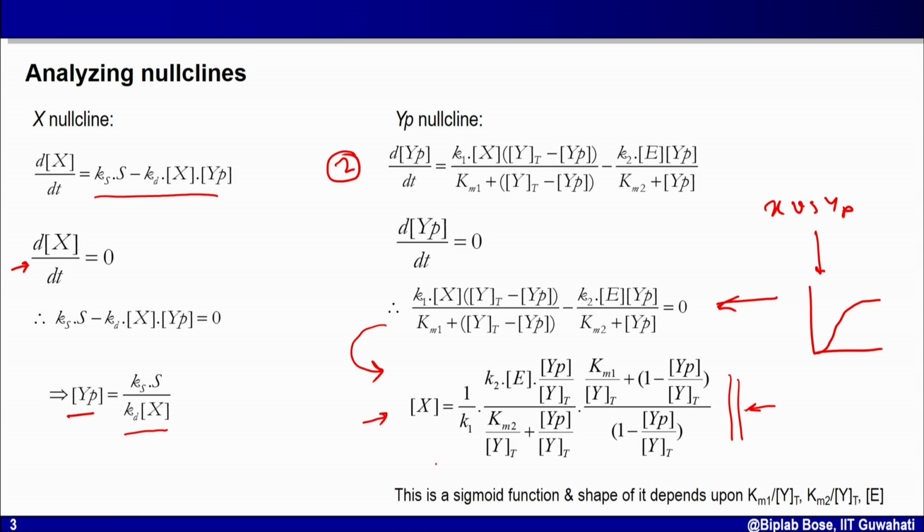So this function of yp for x is a sigmoidal function, and the shape of this sigmoid depends upon the values of km1 by yt, km2 by yt and e. If you remember, when km1 by yt and km2 by yt are much smaller than 1, then this sigmoid behavior becomes very steep, very sharp. We will now draw these two nullclines in the phase plane, x versus yp, and try to see the behavior.